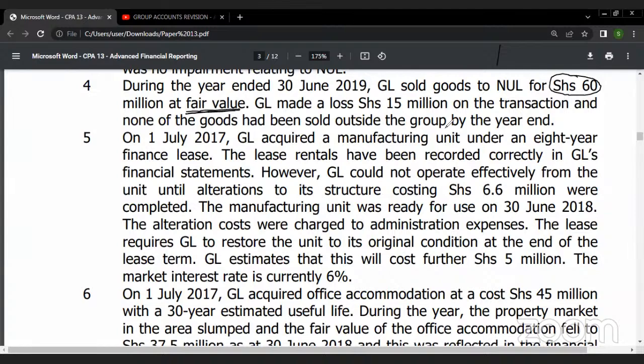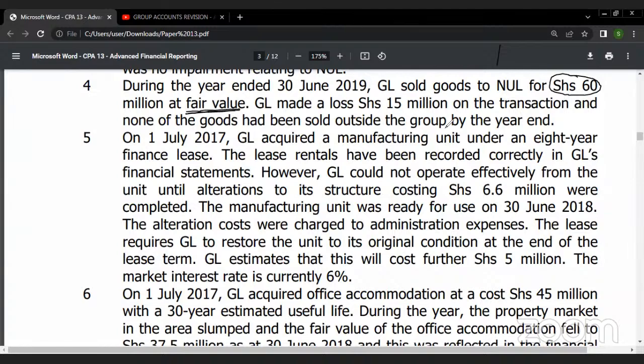IFRS 10 consolidated financial statements states that intragroup trading must be eliminated from consolidated revenues as well as cost of sales. And of course, in case of any unrealized profits, these should be eliminated by increasing the cost of sales.